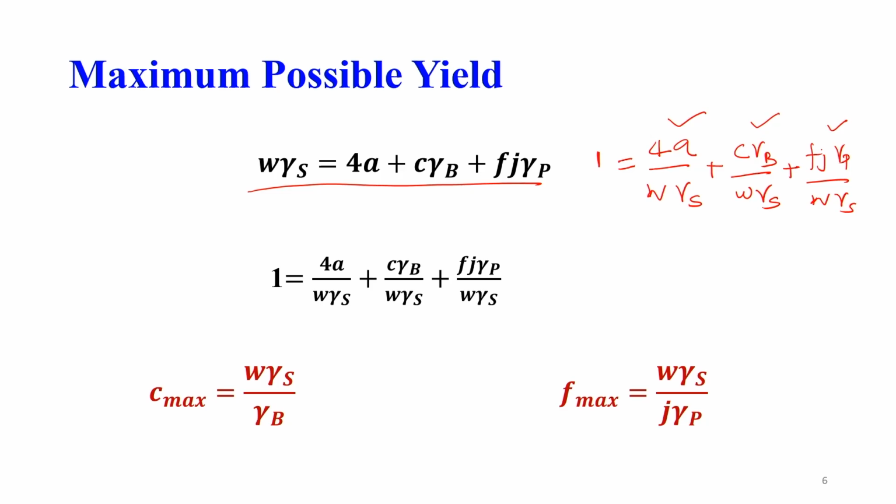Let us consider the whole electron balance, 1, distributed into 3 parts.